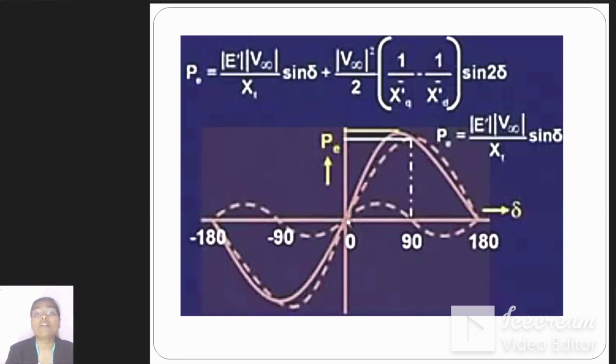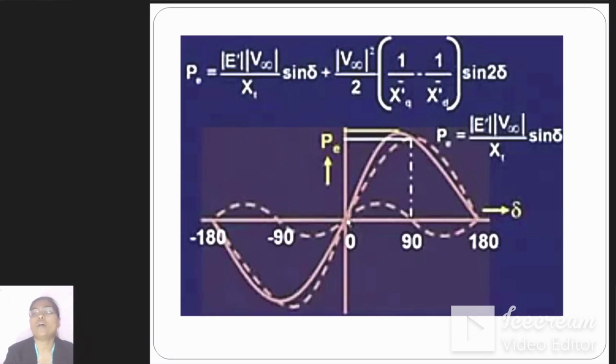But the electrical power starts falling or decreasing, and so there is a difference between the mechanical and electrical power, so there is going to be certain acceleration. Because of this acceleration, delta keeps on increasing.